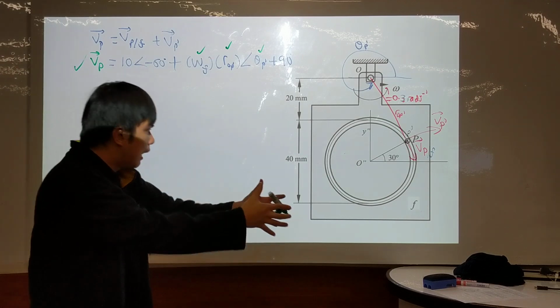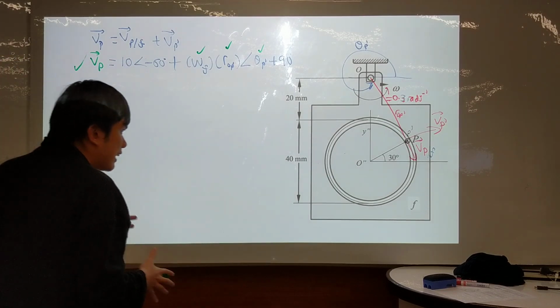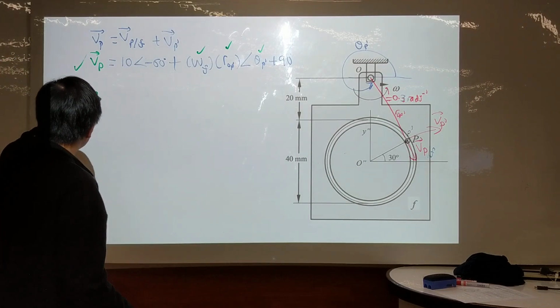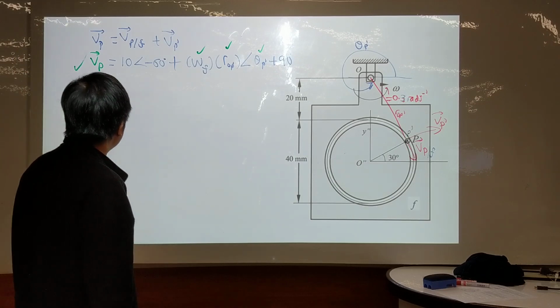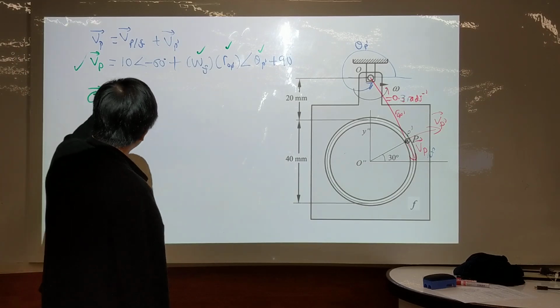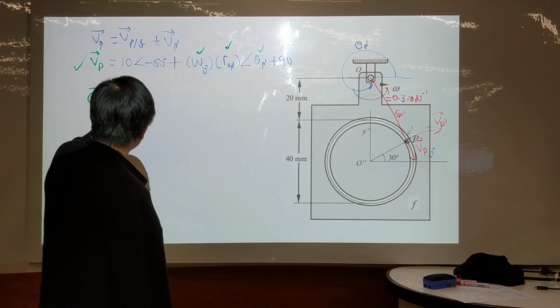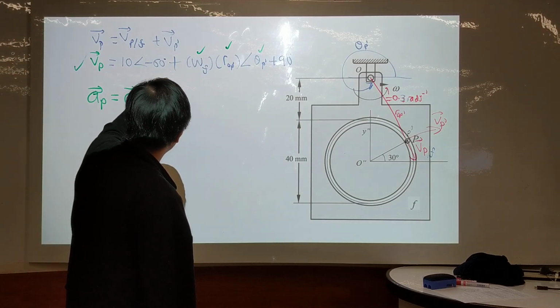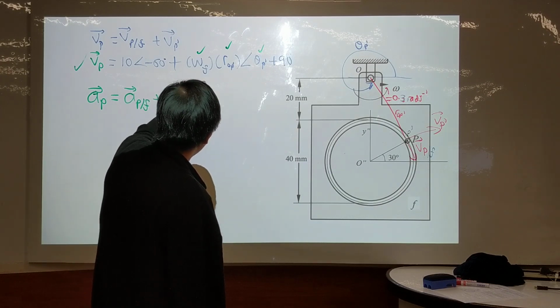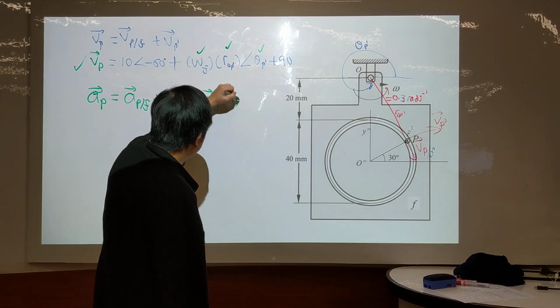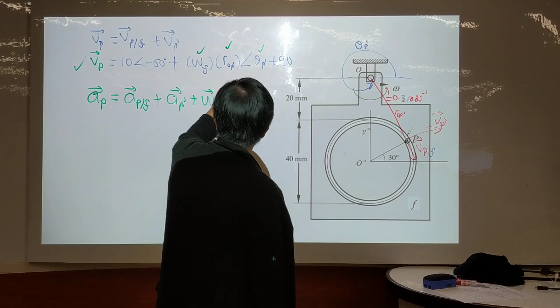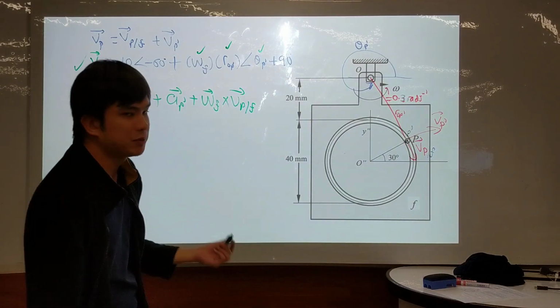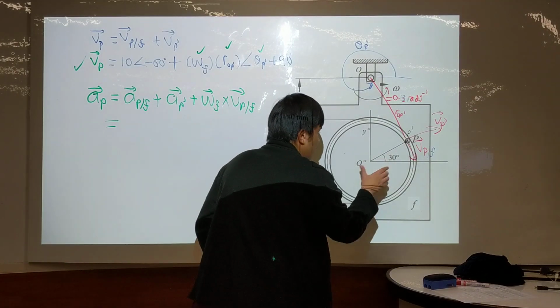Okay? Now, how about the acceleration of P? How do you find acceleration of P? Acceleration of P is a bit different because it's a bit longer. It's equal to acceleration of P with respect to F plus acceleration of P prime plus omega F cross Vp slash F. Acceleration of P with respect to F. What is the acceleration of point P in F perspective?